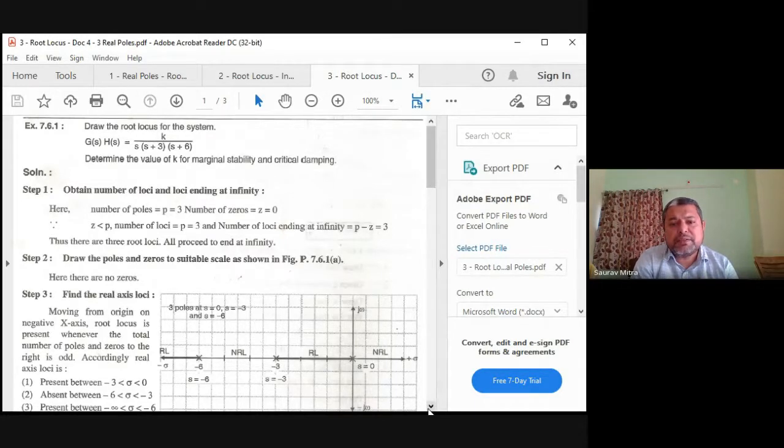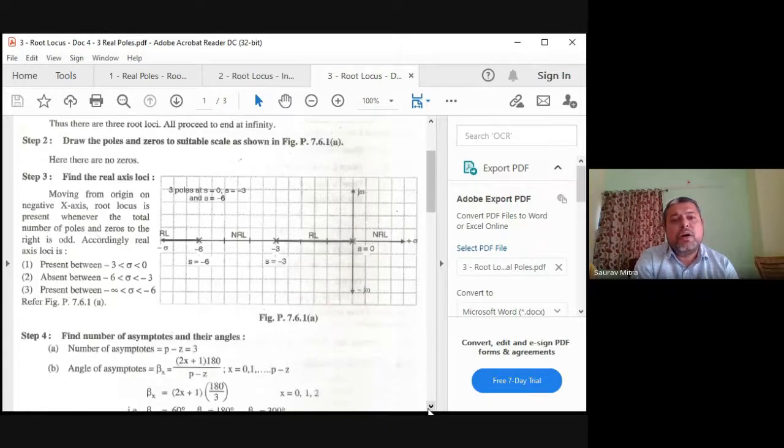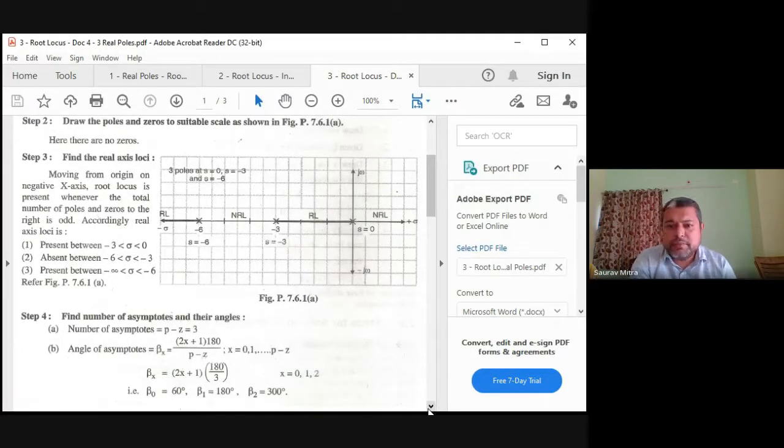First I'll be explaining how to draw the real axis root loci. So first plot s equal to 0, then s equal to minus 3. I'm already in the third step, and then s equal to minus 6. Whether minus 1, minus 2, minus 2.9 are on the root locus, or whether the root locus exists here, the answer is yes. Take this point minus 1, whether it's a part of the root locus, the answer is yes.